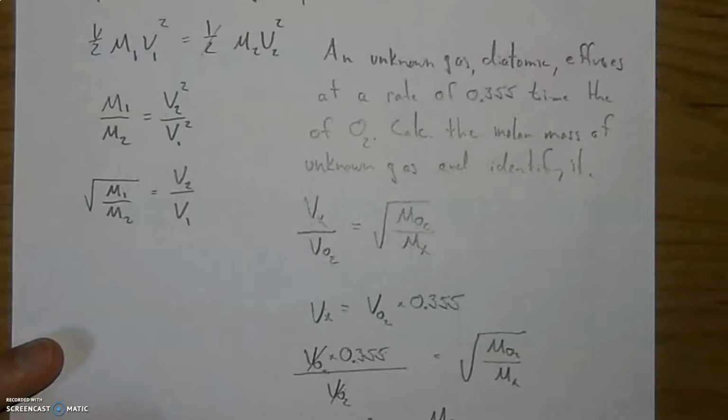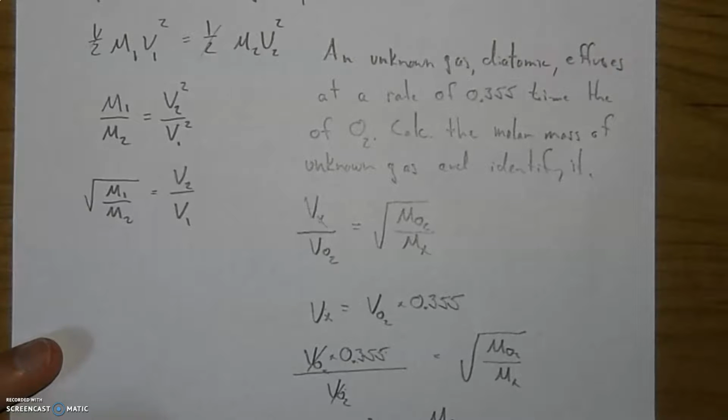If I switch these around and divide 0.126 into the 32, you will end up with the molar mass of X equal to, drum roll, 254 grams per mole. Now don't forget, it's diatomic. So we have to divide this value by 2, and that gives us 127 grams per mole.